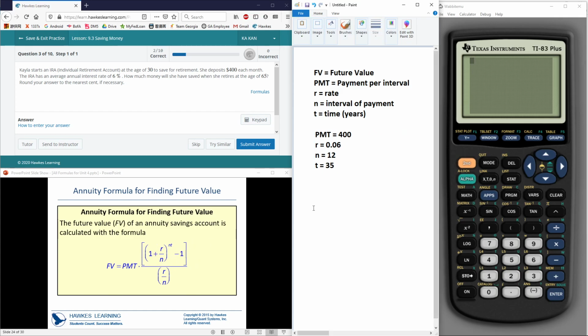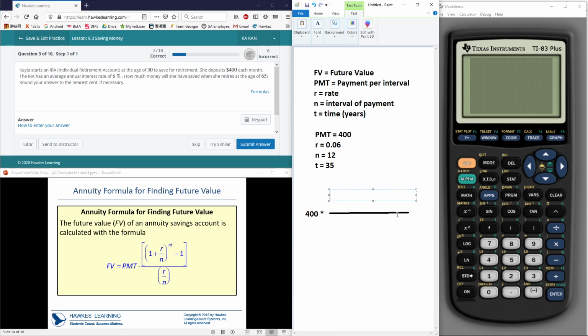Now this one's a little bit tricky, so I'm going to try that. There will be 400 times, and I'm going to draw a fraction here. This one's going to be rough.